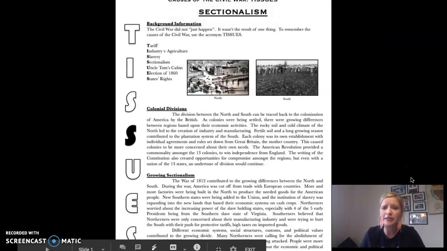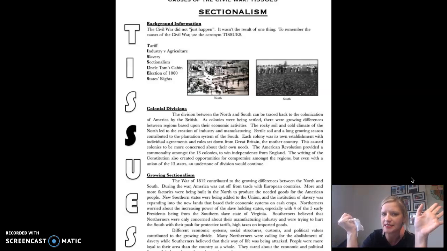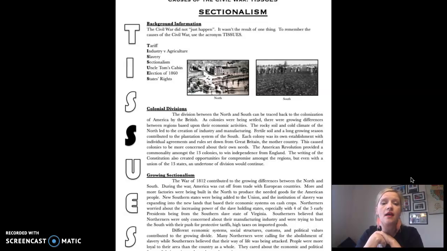Causes of the Civil War, TISSUES, sectionalism, which y'all, all of these causes we have been talking about. There's only one, the election of 1860, that's new. Everything else, you know. The Civil War did not just happen. It wasn't the result of one thing.